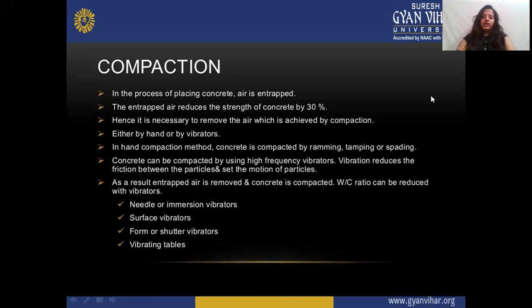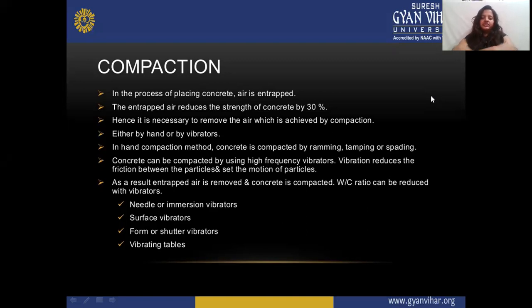And the WC, which is the water cement ratio, can be reduced with vibrators. We know that adding an excessive amount of water can cause bleeding, and a lesser amount of water can cause improper chemical reaction, improper setting of the cement. So it is quite essential to maintain the water cement ratio, and with vibrators we can achieve maximum efficiency with a lower water cement ratio.